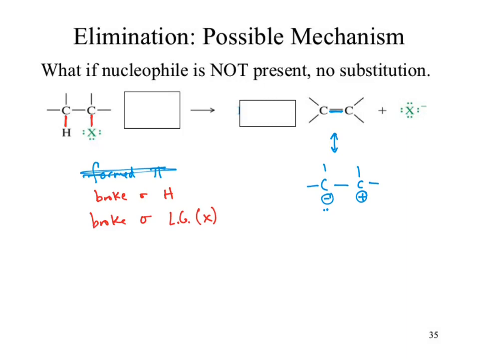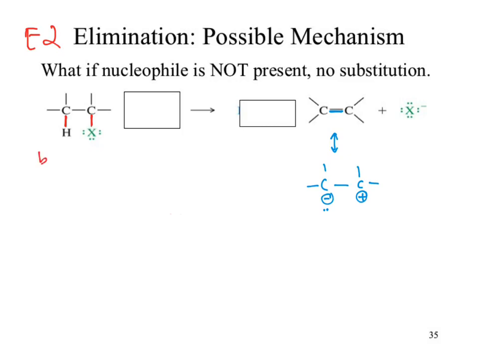So because we did SN1, let's go through and do this one as E2, which means I need to break that X sigma and make that carbon hydrogen sigma simultaneously.